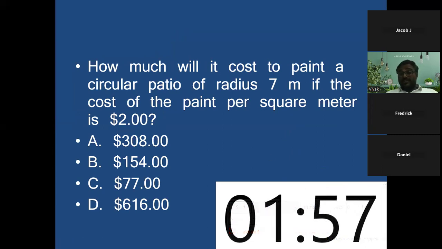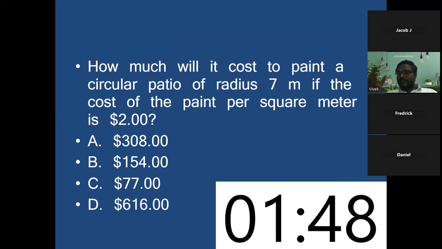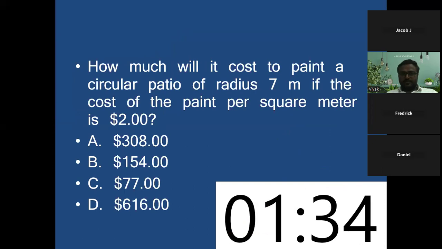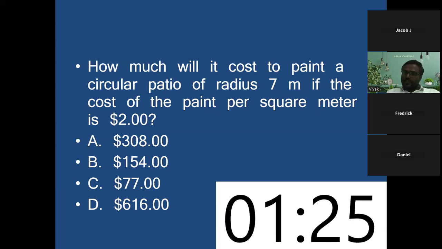They might ask you questions like this in your exam straight away. Just the numbers will be changed, the painting cost will change, and the type of the question will be the same mostly. Try solving for 2 minutes. After that, I'll solve it.